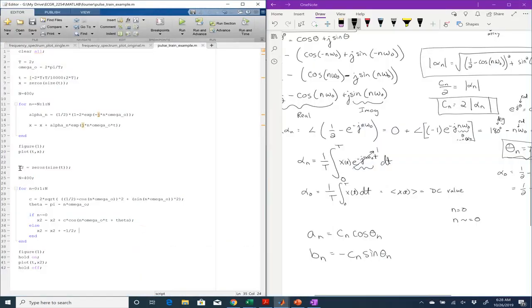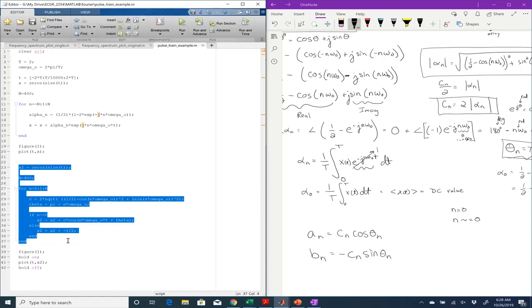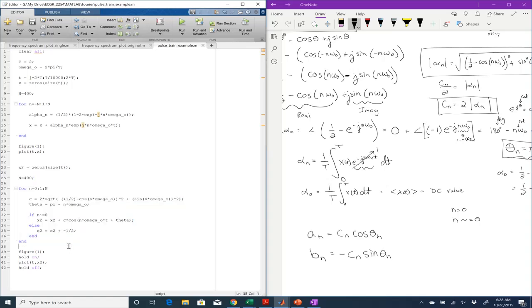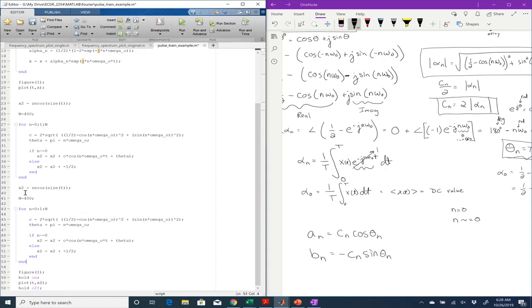So one thing I could do for myself is, let's say I did this. I'll create a vector x3. I'll do it for 400 harmonics again. And let's say I just keep the same exact expression that I had before for C and theta, but I just say let's let A be equal to C times cosine theta. I'll let B equal to C times sine theta.